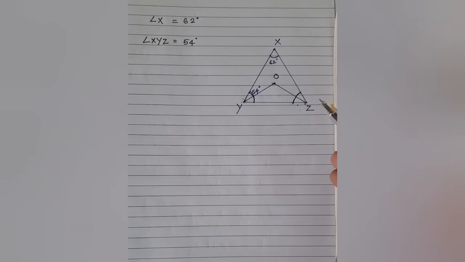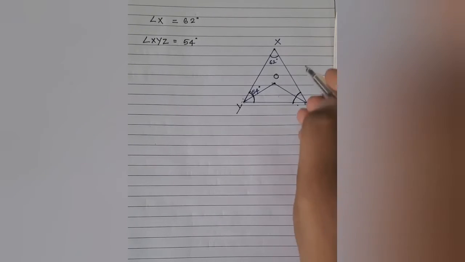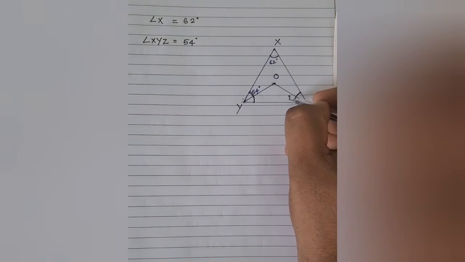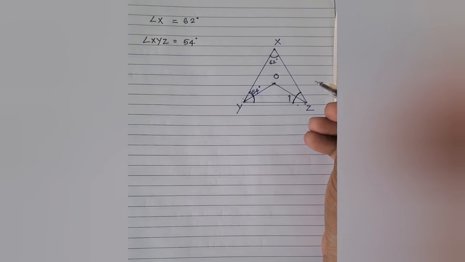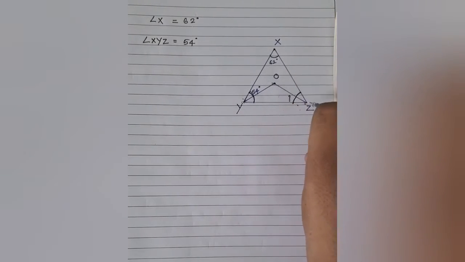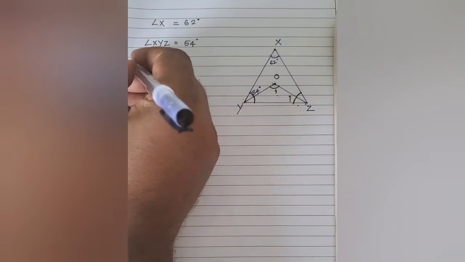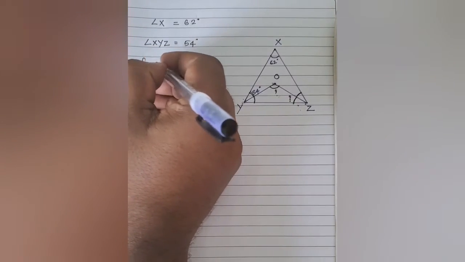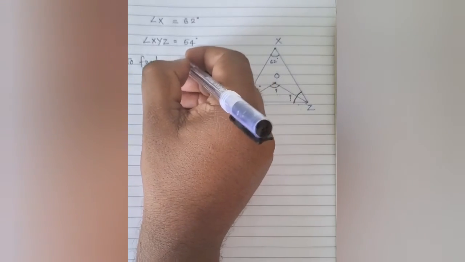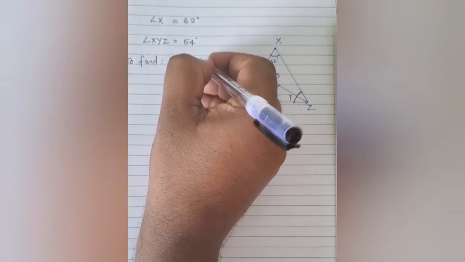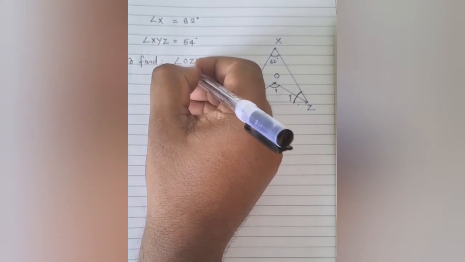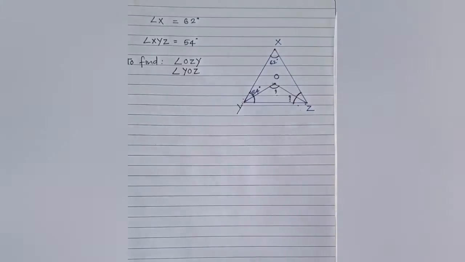We have been asked to find OZY, this part, and also YOZ. So we have two angles to find: one is angle OZY and the other one is angle YOZ.